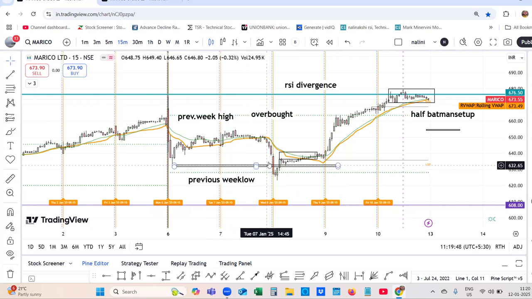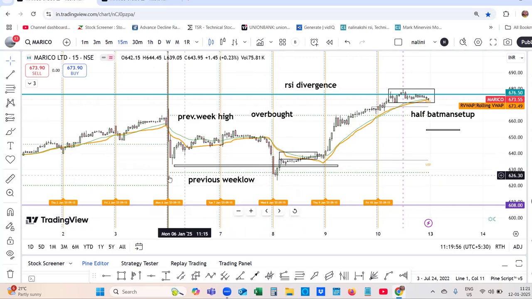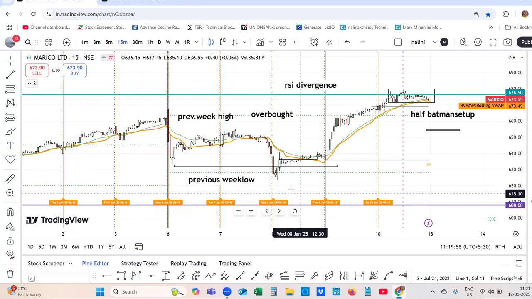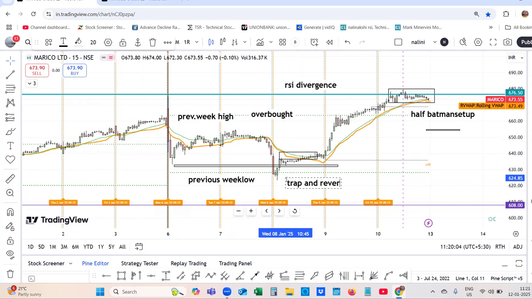And then the market went down and there was a quick reversal. This is the trap and reverse setup. Let me write it properly.